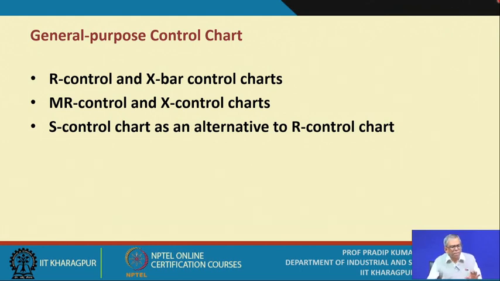Is it okay? In this discussion we will not be discussing the standard deviation control chart as such today. Later on we can refer to it, but the basic approach remains the same. The only thing is you are measuring the variability or the dispersion not by range but by standard deviation.